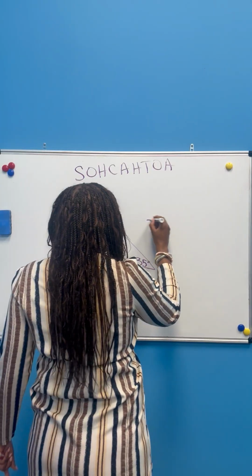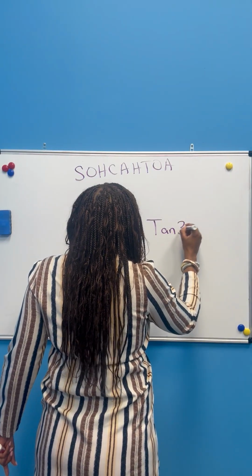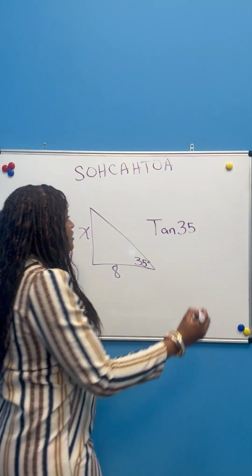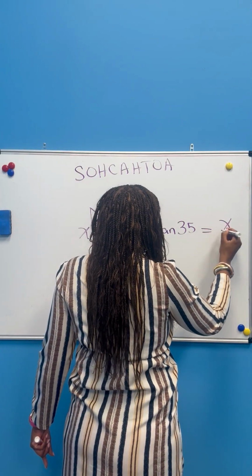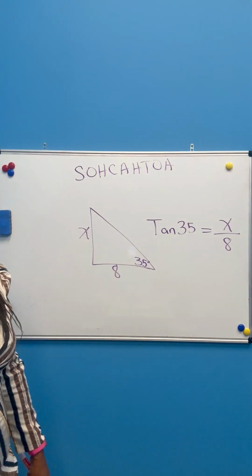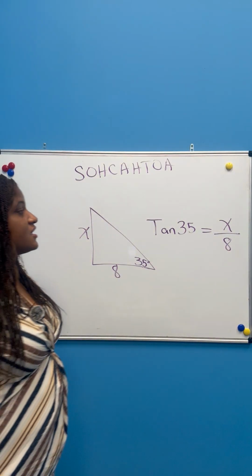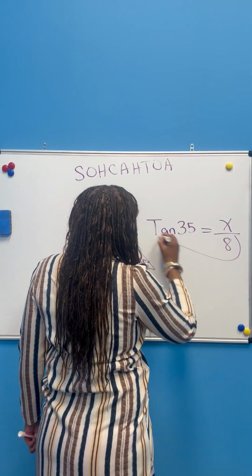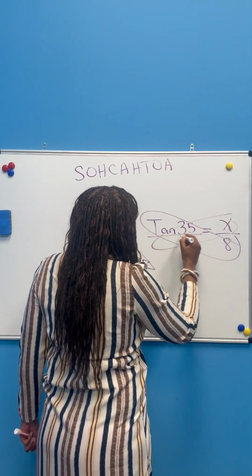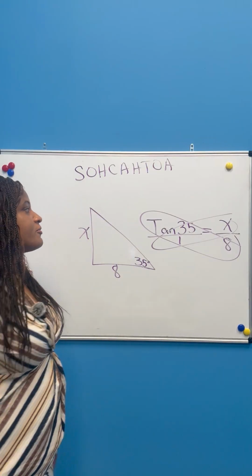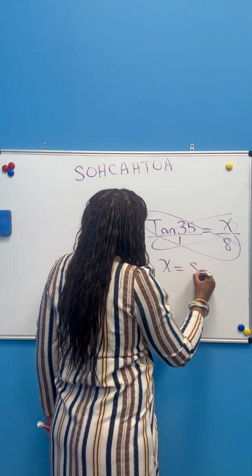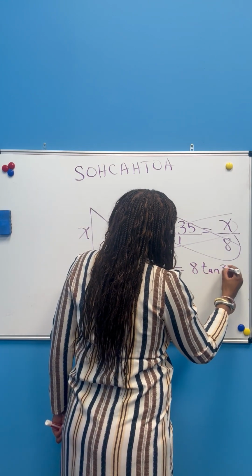We do know the angle is 35, so you have to write tangent of 35 equals opposite over adjacent. To solve for this, the quick way is to think of it as a cross multiplication. You can imagine that there's a 1 under here. X times 1 is X, and 8 times tangent 35.